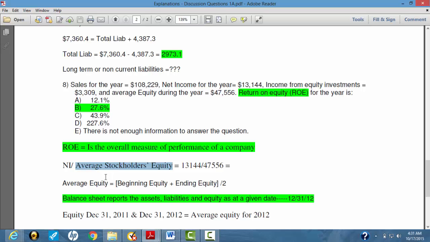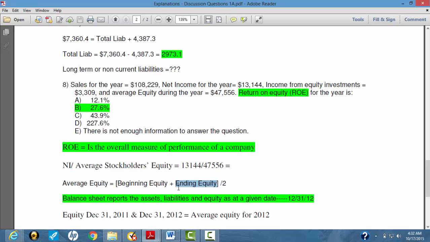Now, to calculate average stockholders' equity, assuming we were not given that information directly, we use the beginning stockholders' equity plus the end of the period stockholders' equity divided by 2. Now, we do this because the balance sheet from which we get shareholders' equity information reports the balances at the end of each period.